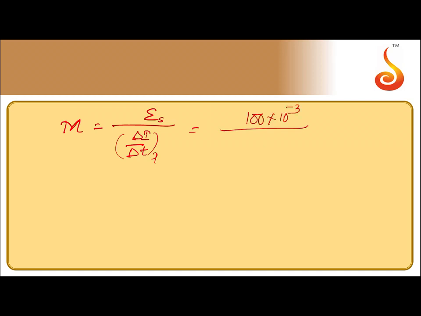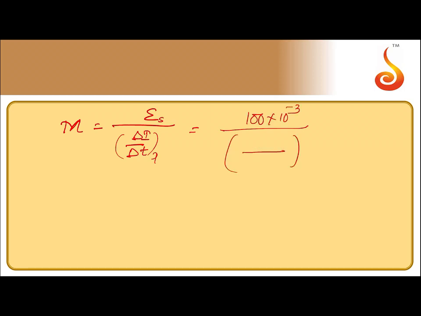Coefficient of mutual inductance is given by M is equal to E divided by delta I by delta T, or dI by dt. This is the EMF in the secondary coil, and this is the rate of change of current in the primary coil. So this is 100 into 10 to the power of minus 3.